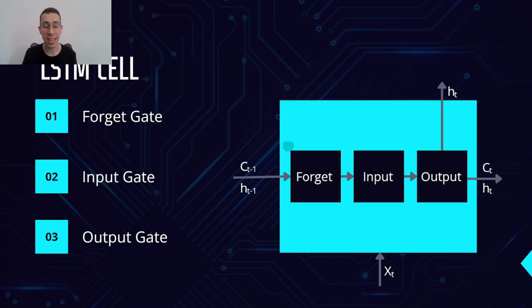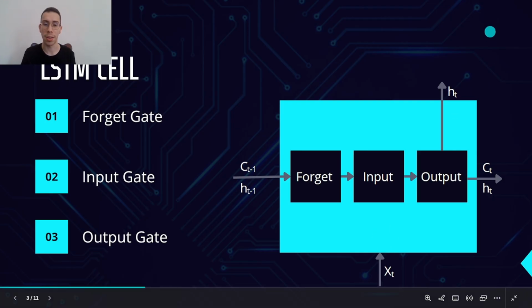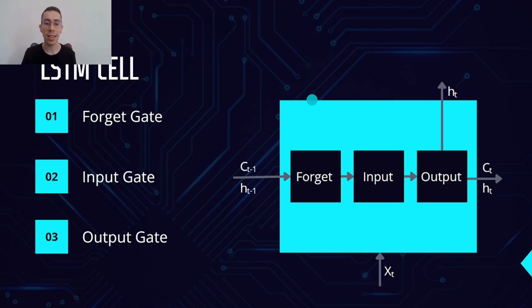So CT means the memory of the last state, HT means the output of the current state, and XT the input. It's also valid to highlight that CT minus 1 and HT minus 1 are always related to the memory and information that comes from the network's last states.